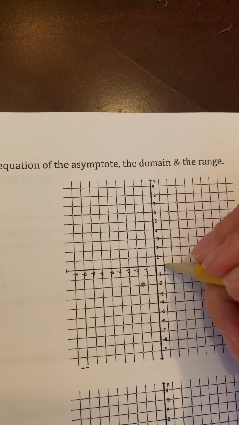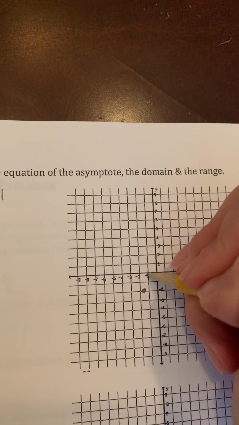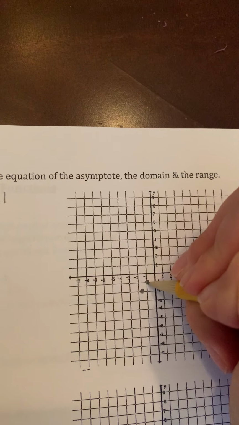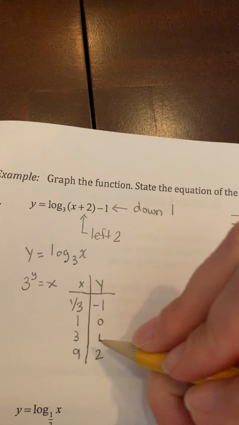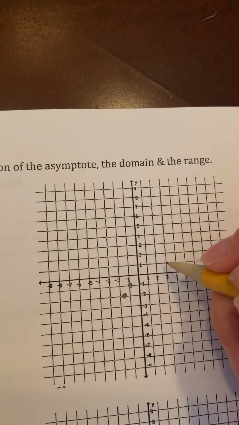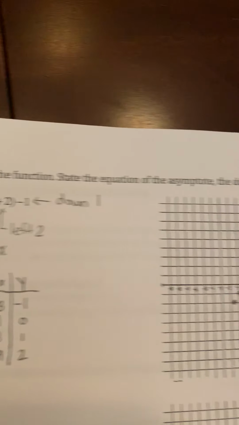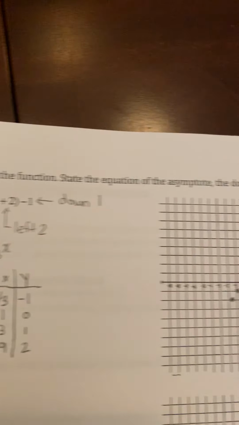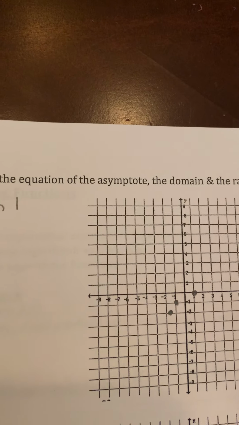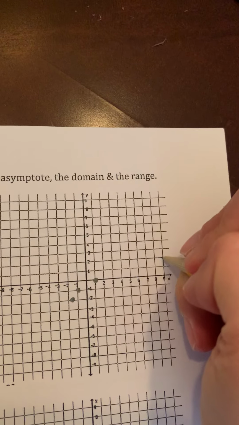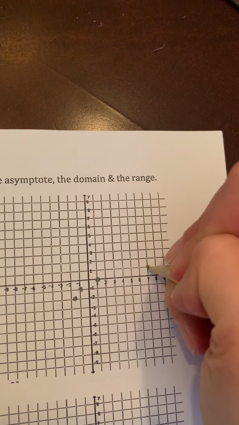Here is 1, 0, but I'm going to go to the left 2 units and down 1. Then we had the point 3, 1, but I'm going to go to the left 2 units and down 1. And last but not least, the point of 9, 2, but again, to the left 2 units and down 1.